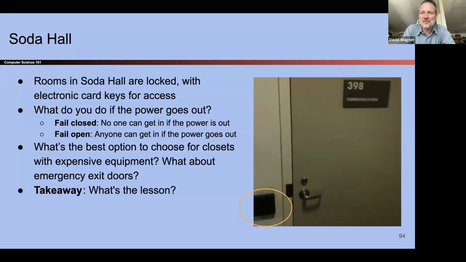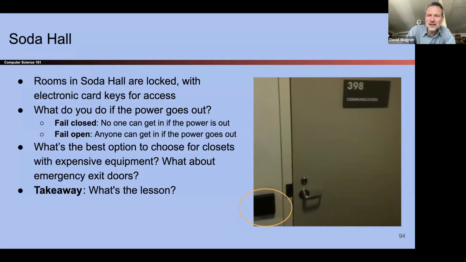Here's another example. Rooms in Soda Hall are locked and you need an electronic key card for access. Like for instance, here's a communications closet with a bunch of routers and stuff like that. What should that lock do if the power goes out? If the power goes out, it could be locked so that no one can get into the closet if the power is out.